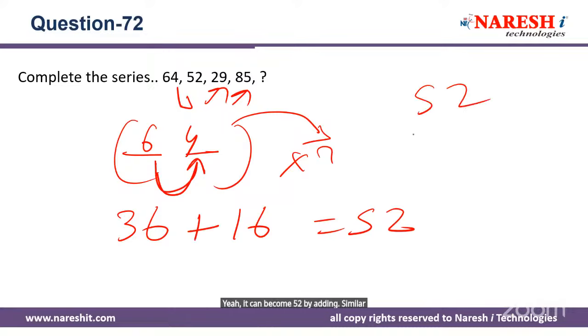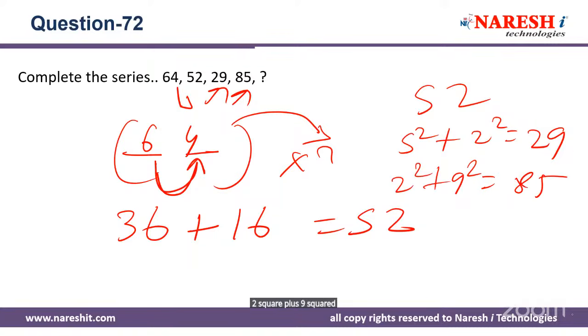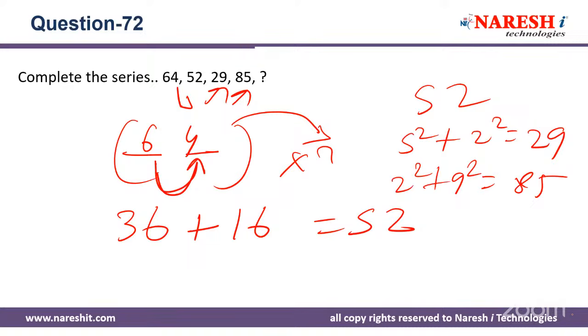Similarly, 5 square plus 2 square gives the next number 29. 2 square plus 9 square gives 85. So what is the answer? What is 8 square plus 5 square? 64 plus 25, 89.